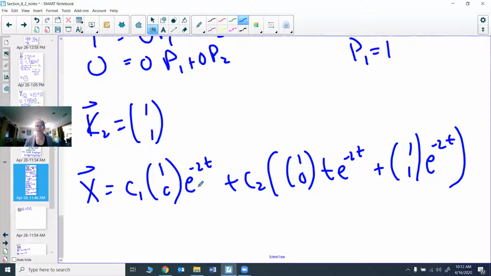Again, notice these two terms have the same e's in them, but they're linearly independent because 1, 0 and 1, 1 won't give you the same thing. So that's actually what the answer is to this one.